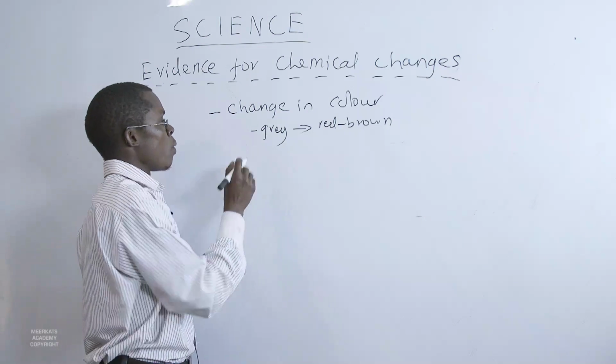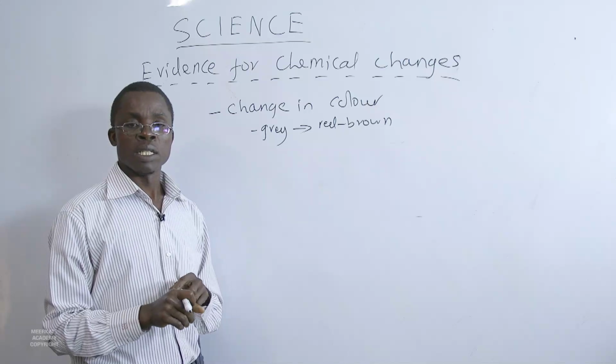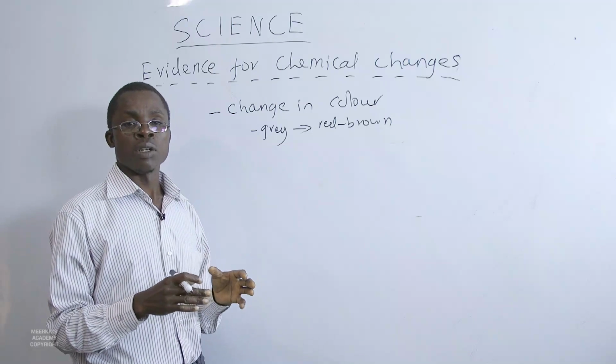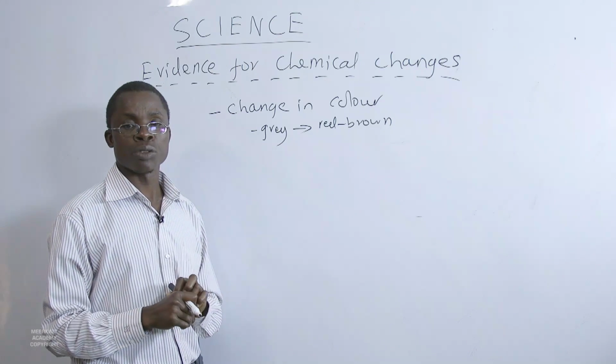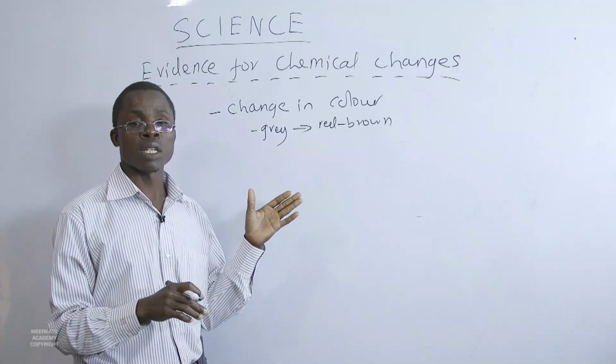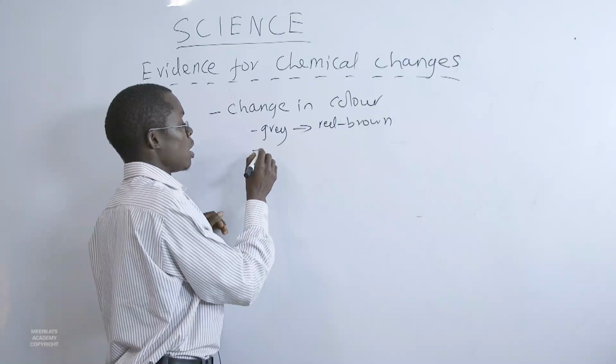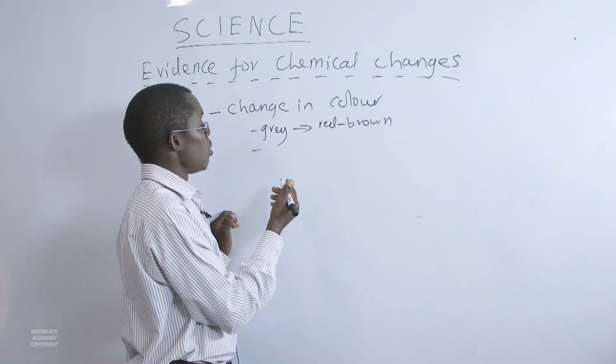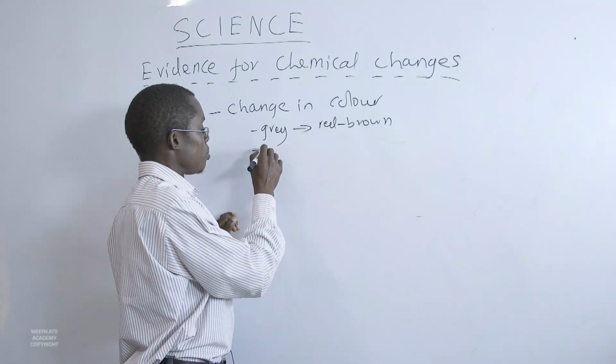Another example where color change is a sign you can use to show that a chemical reaction has taken place is during a reaction or process like precipitation.